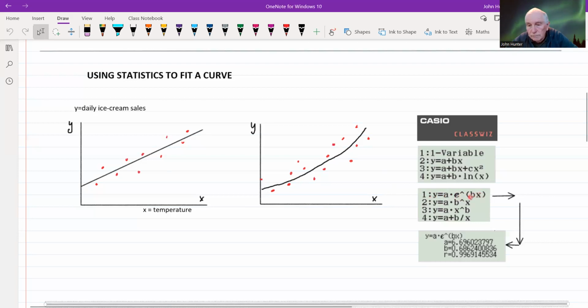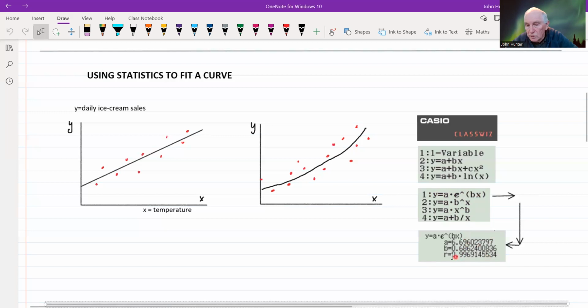If we choose this option and press the option button, it'll give us our A and B values to substitute in there. So we then have a fully resolved exponential model. This would be, what, y equals 6.7 times e to the power of 0.69x, roughly speaking. Okay, so that's what we do.